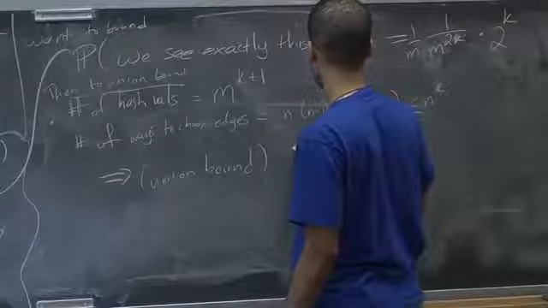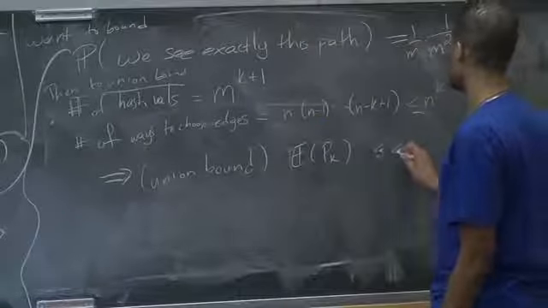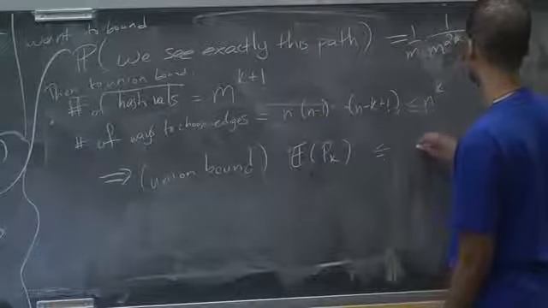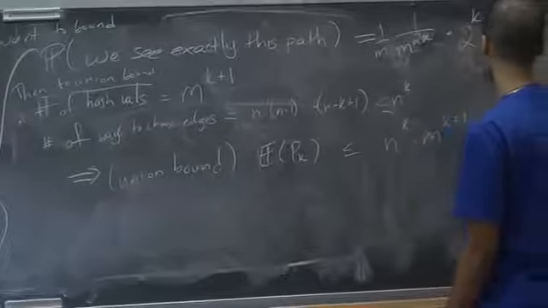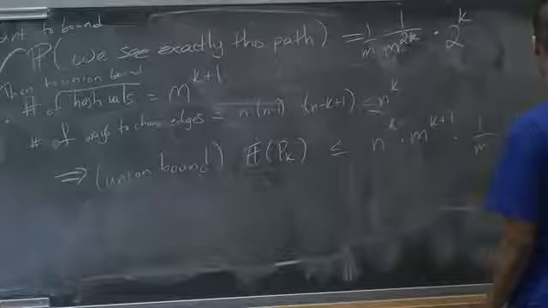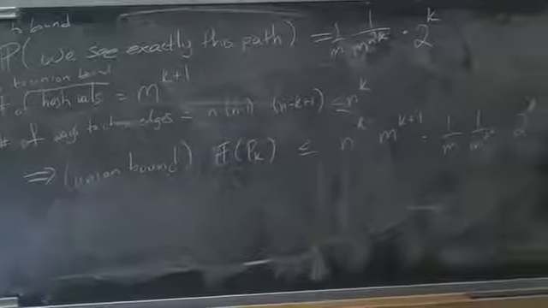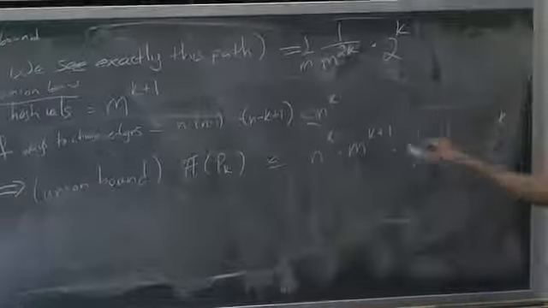the expectation of p_k is at most n to the k times m to the k plus 1 times 1 over m times 1 over m to the 2k times 2 to the k. Right? So this 1 over m thing here, that's exactly this.